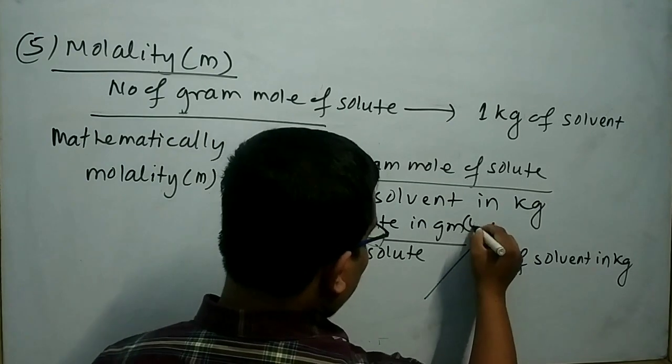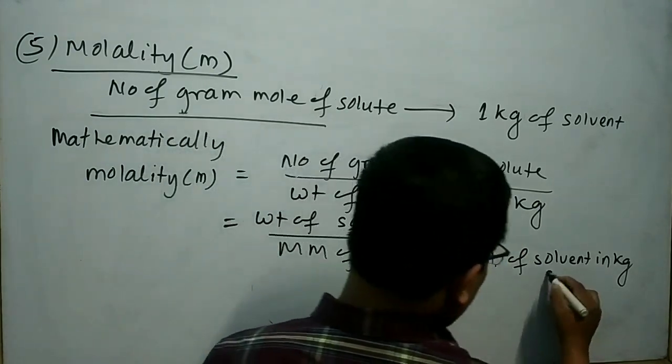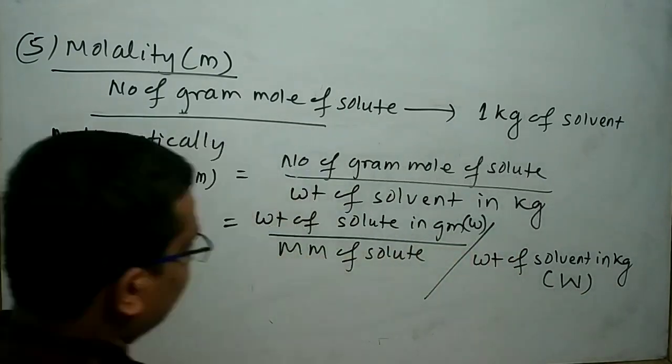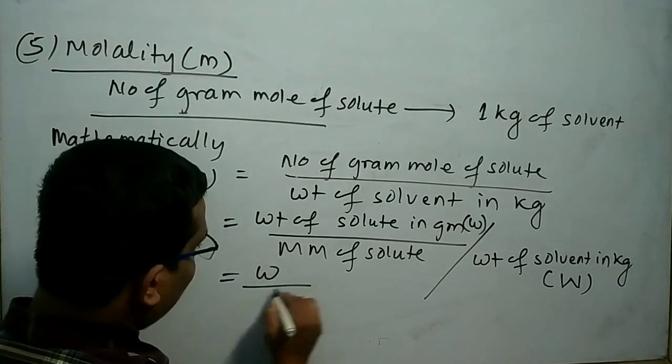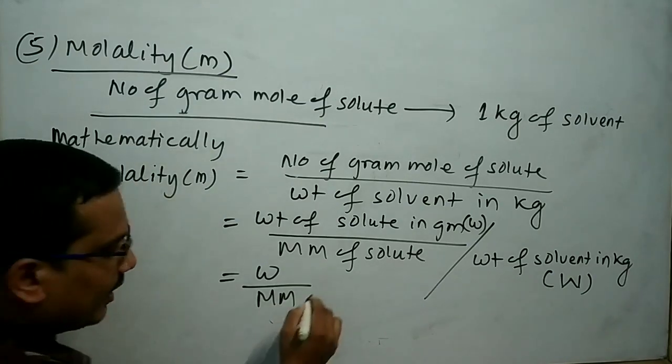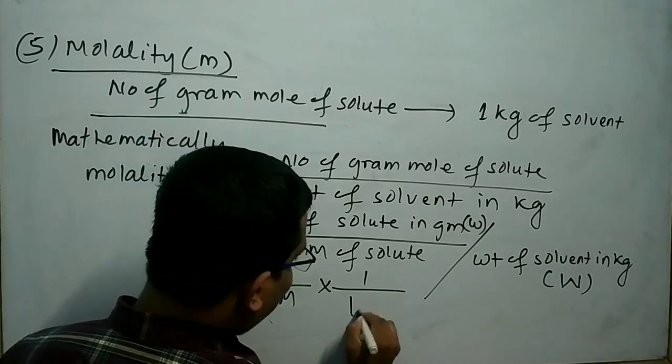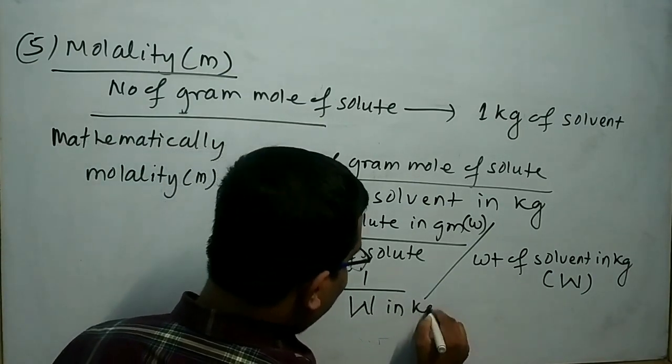Suppose the weight of solute is small w and the weight of solvent is capital W. So I can write molality equal to small w by molecular mass into 1 by capital W in kg.